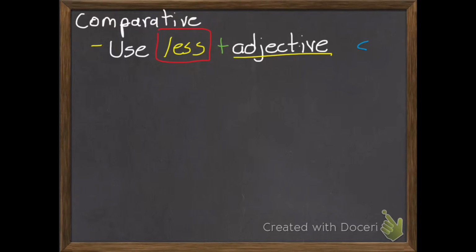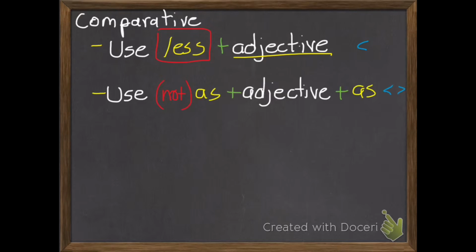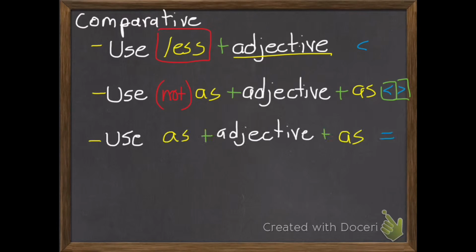You'll see some examples later. Then we also use not, as, then the adjective, and then another as to compare two objects. To make comparisons, it can be more than or less than. We also use as, then the adjective, and then as again, to say that two things are the same.